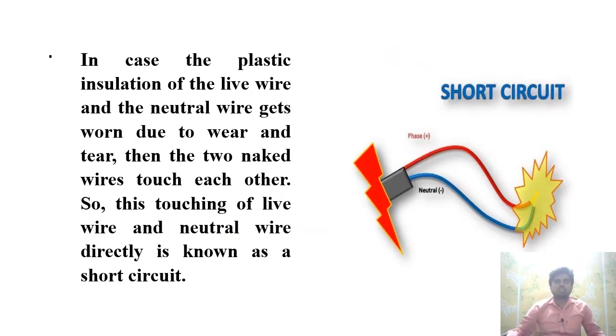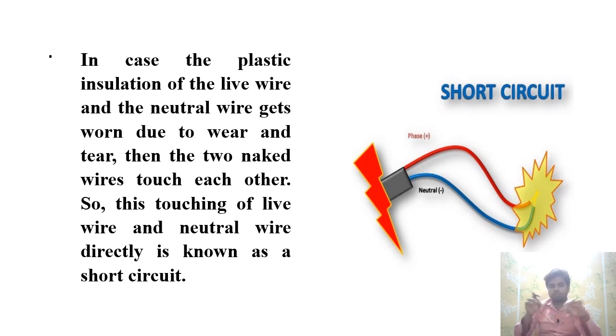So students, now the second case in which there would be an increase in the current in the circuit. We can say that this is a wire and we are not getting any type of shock. Why is it so? Because it has an insulator over it. There is a plastic insulator covering the copper wire present inside.